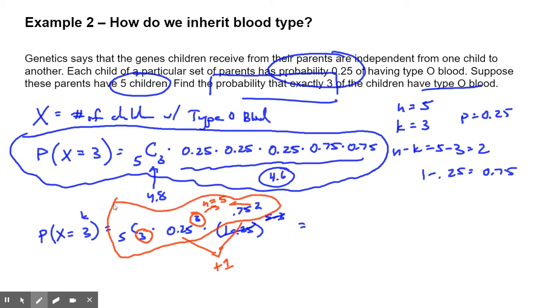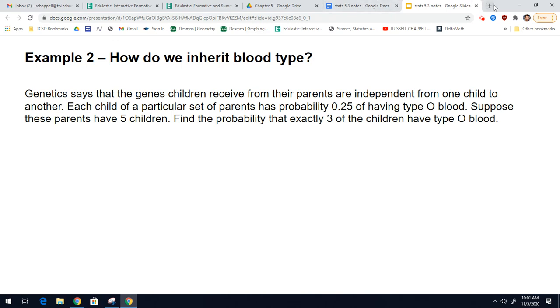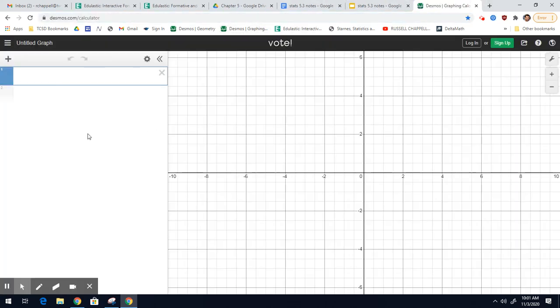to the graphing calculator once I take a picture of it, because I don't know if I'll remember it. All right, so let's do it. Again, we're still just trying to find the probability of exactly 3 of these children having type O blood out of the 5. So I go to my graphing calculator. Remember, we start with nCr, n choose r.